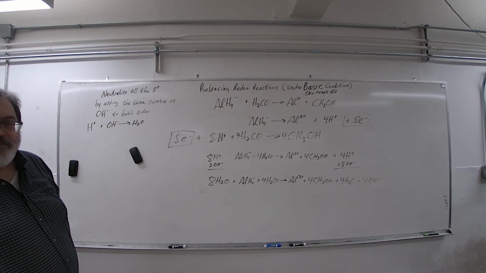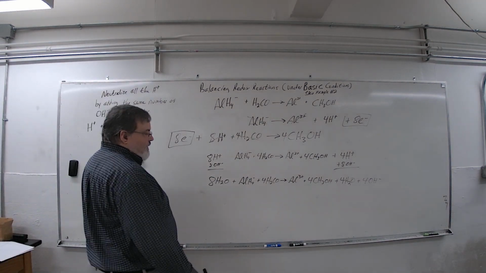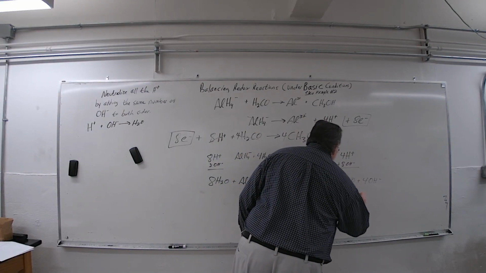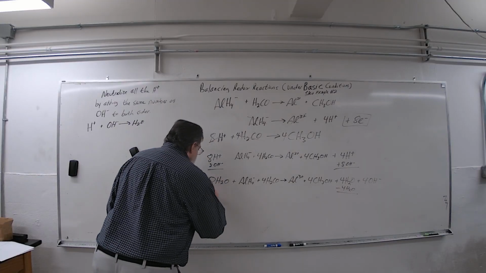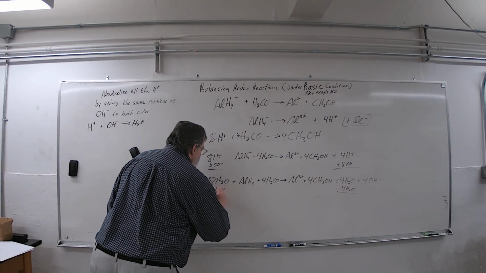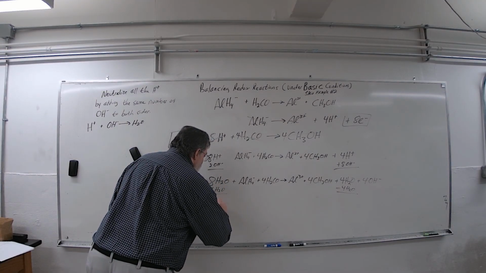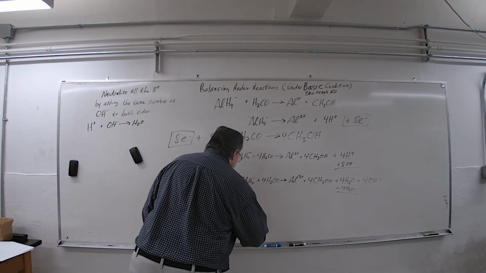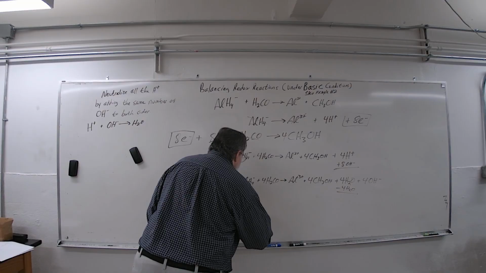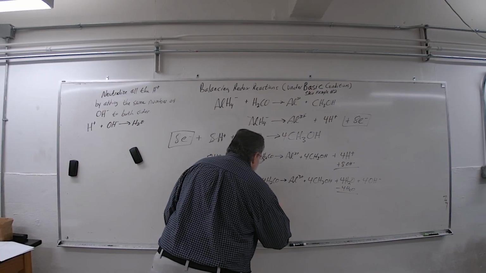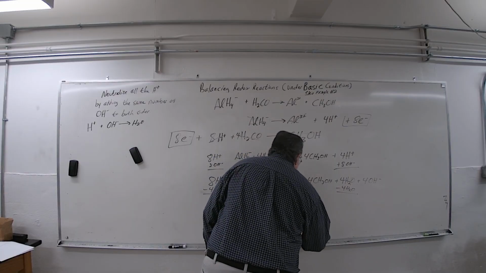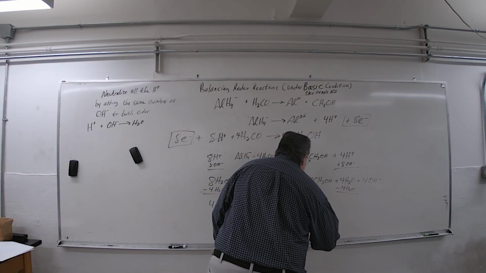So now we just get rid of as much water as we can. Minus 4H2O gives me none of that. Minus 4H2O gives me 4H2O plus 8H4 minus, 4H2CO, 8L3 plus.